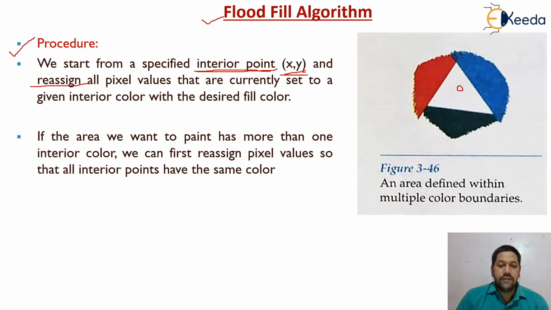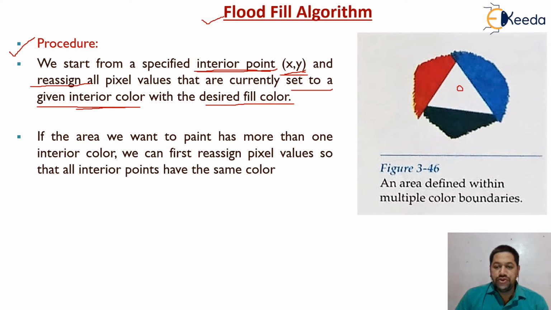reassign all pixel values that are currently set to the given interior color with the desired fill color. Once I know this interior color, we reassign all the pixel values that are currently set to the given interior color.